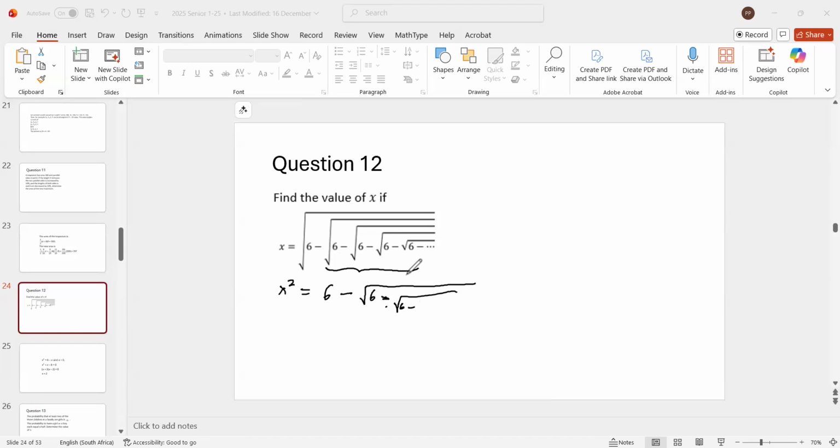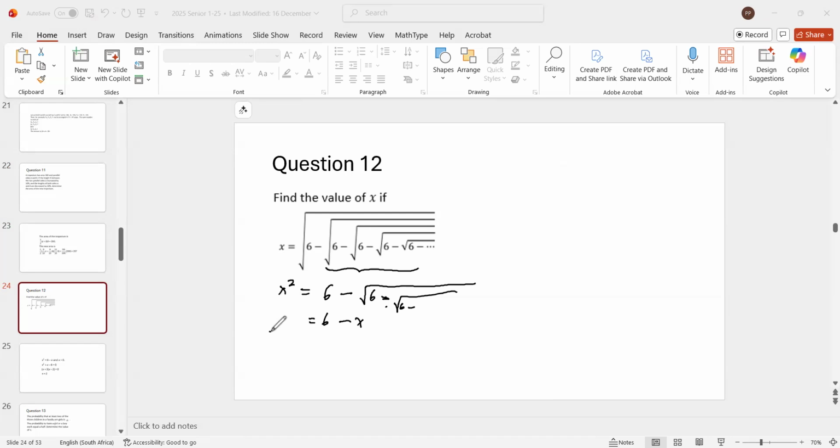You'll notice that this thing here is exactly the same as the original one. Okay, this is x. So this thing here is again x. So this is 6 minus x. So you have to solve for x.